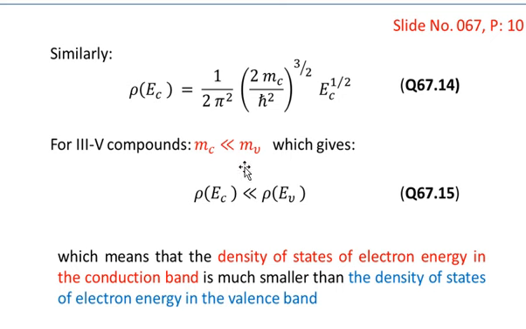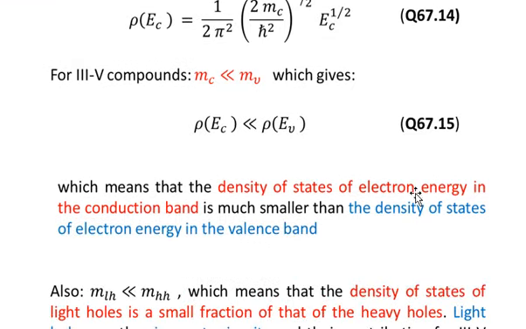Not found from here, but this is what we are taking for granted from the experimental data or from detailed theoretical analysis, that MC is much less than MV, which gives that rho of EC is much less than rho of EV, which means that the density of states of electron energy in the conduction band is much smaller than the density of states of electron energy in the valence band. So from here you can guess the amount of density of states available in the valence band and also in the conduction band.